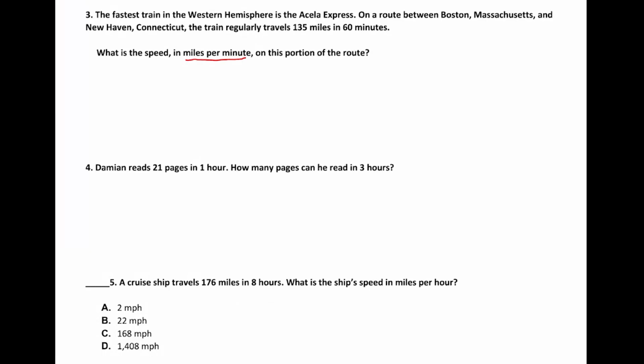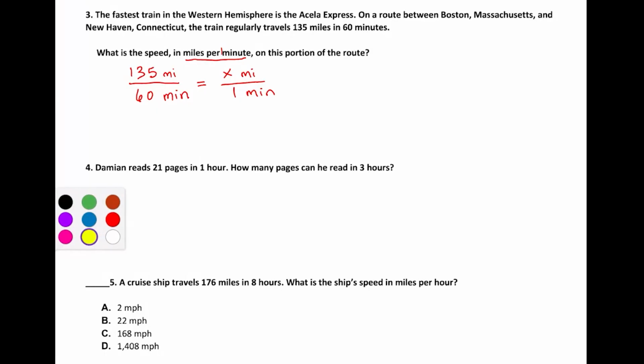So if we're trying to convert to miles per minute, that's however many miles in 1 minute. So we'll set this up similar to number 1 as a proportion. 135 miles is to 60 minutes as how many miles is to 1 minute. We do miles per 1 minute. When we go to solve this, we're going to use the cross products property again.